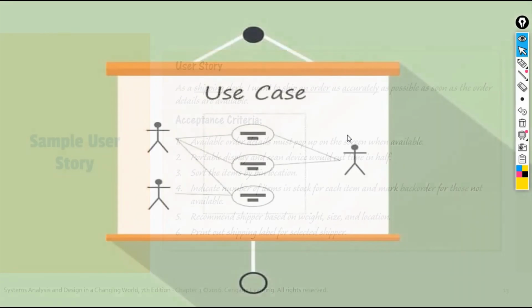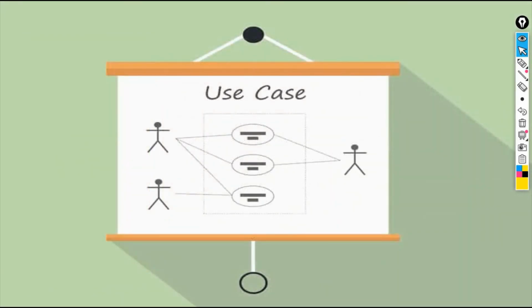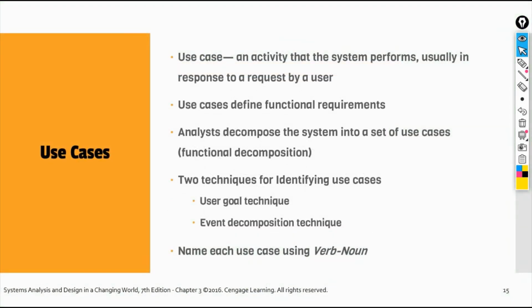Another concept is about use cases. Use cases also define the tasks that the user does that utilize the system. So a use case is an activity that the system performs.